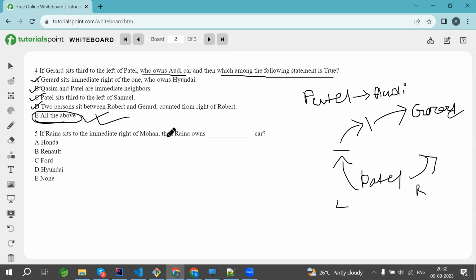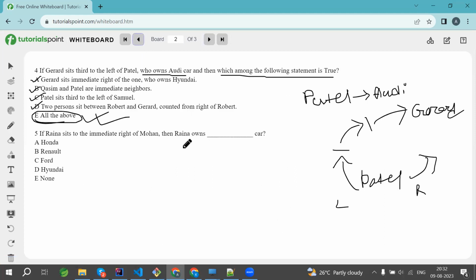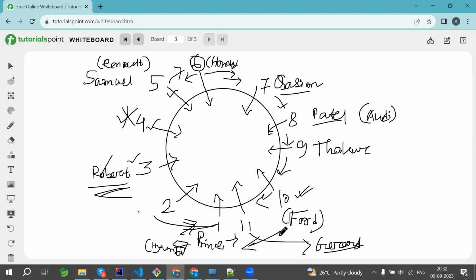Right. Now, if Raina sits to the immediate right of Mohan, then Raina owns which car? Raina and Mohan, two people, means four and two. Raina sits immediate right of Mohan. Check: if we use these positions, no immediate right is there.